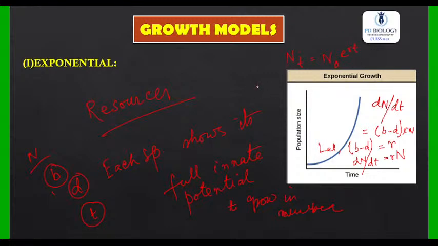Here Nt means population growth in t time, N0 is the population density at time 0, r is the intrinsic rate of natural increase, and e is the base of natural logarithms, that is 2.71828, the base value.